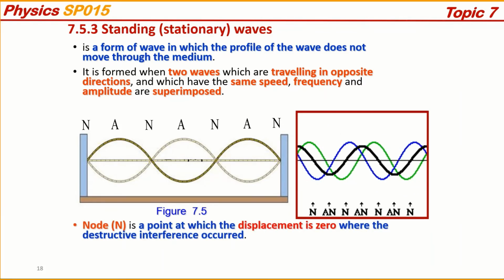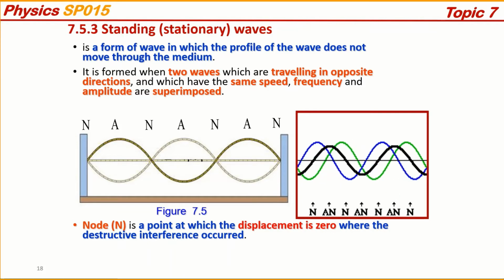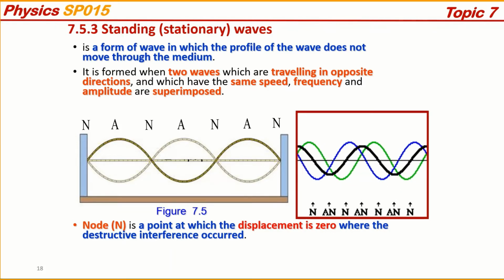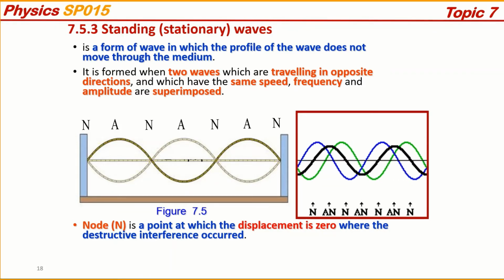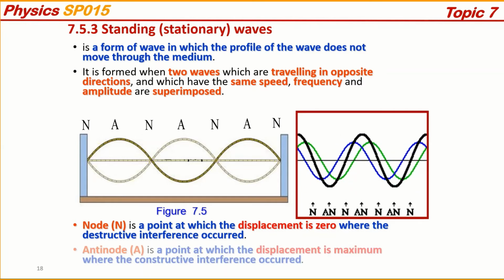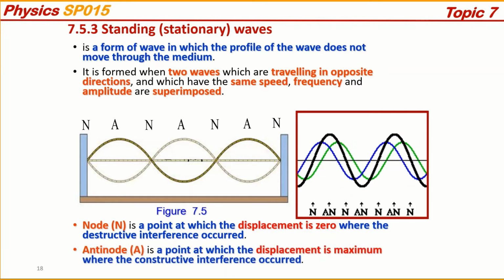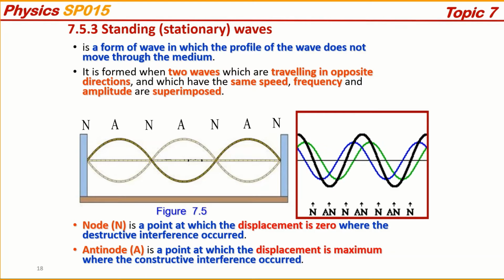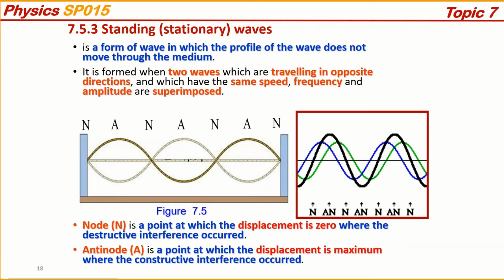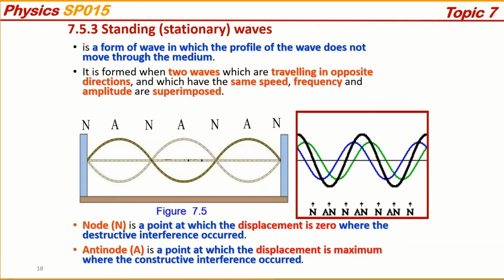Note N is a point at which the displacement is 0, where destructive interference occurs. Antinode A is a point at which the displacement is maximum, where constructive interference occurs.